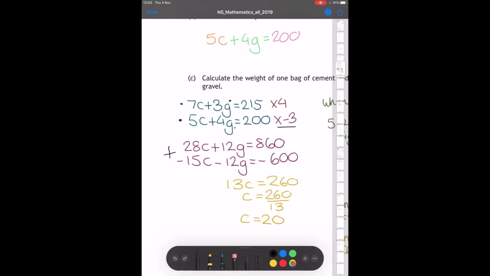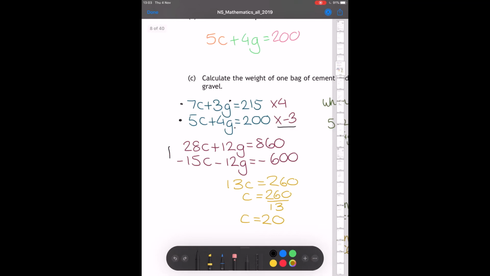Because it is an equation, so whatever you do to one thing, you need to do to the others. Hence, 7C times 4 is 28C here. We've gone over the 12G. And 215 times 4 is 860. For the lower one, I've done -3 times 5 is -15. So I've done that. Gone over the 12, and -3 times 200 is -600.